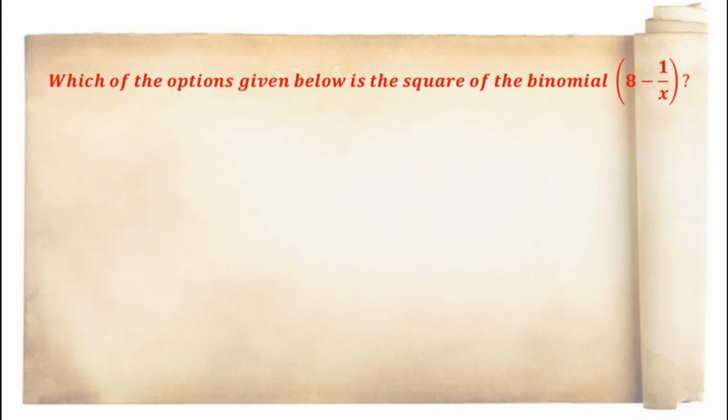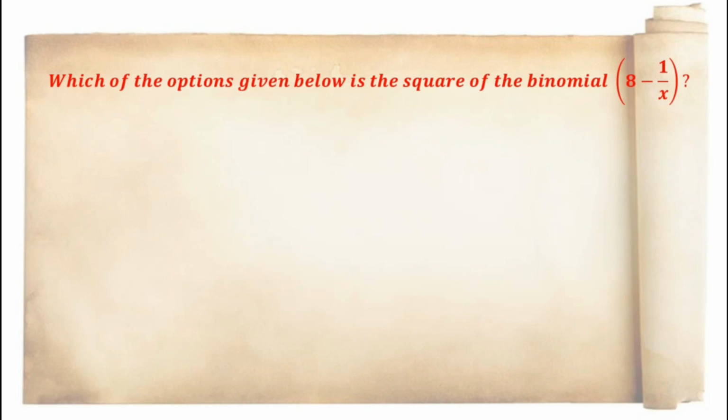And we will move for the next question here. Question number 2. Which of the options given below is the square of the binomial (8 minus 1 upon x)?